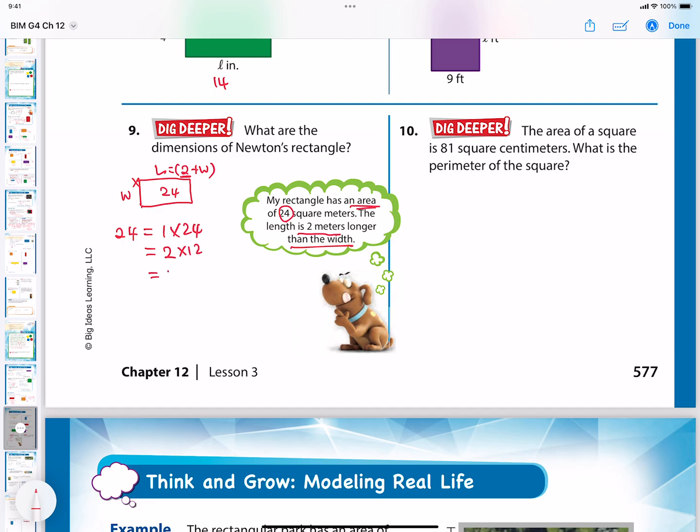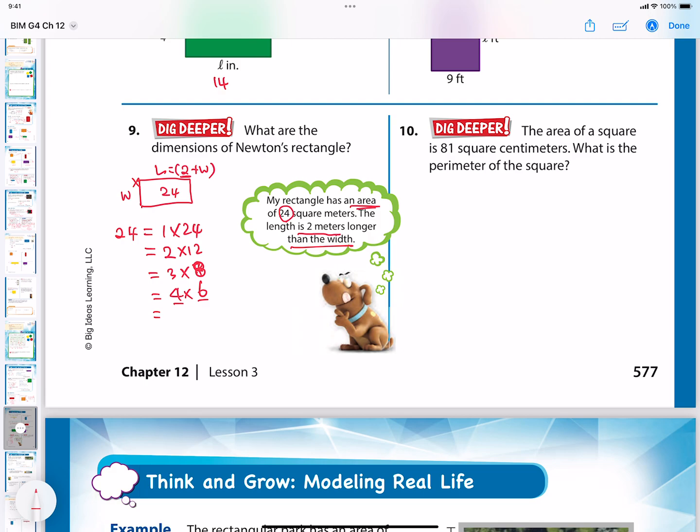And then what about 3? 3 times 8 makes 24. And then what else? 4 times 6. Difference is 2. Okay, we found it, I think, right? Because when you go further, it's going to be 6 and 5 again and repeat.